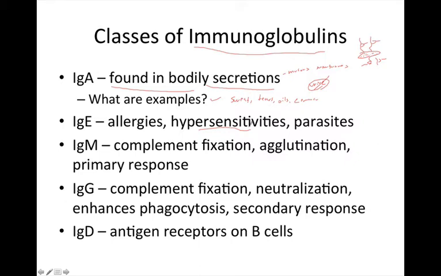Basically, when we're thinking of allergies, like hay fever or hives, allergic reactions are when a B cell comes in contact with what we call an allergen. An allergen could realistically be anything.